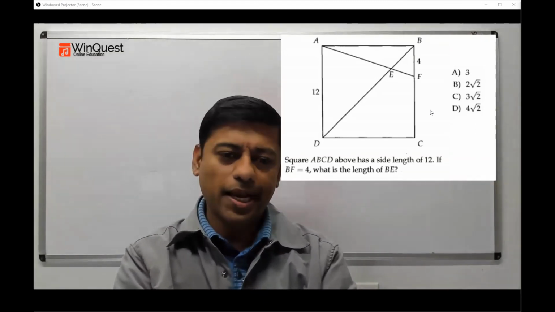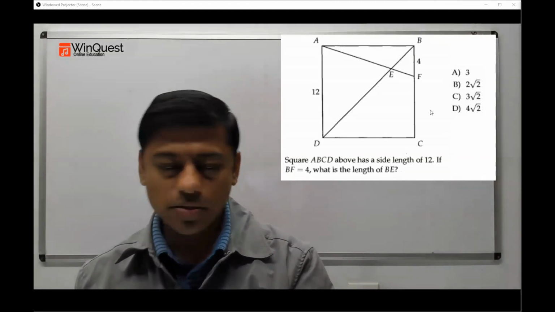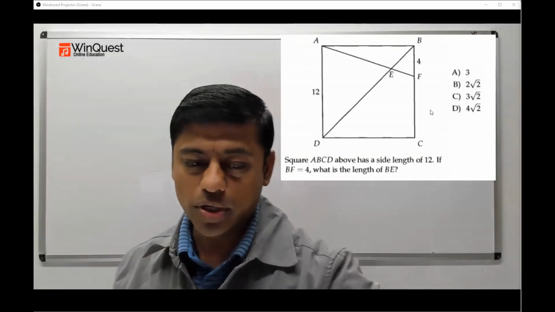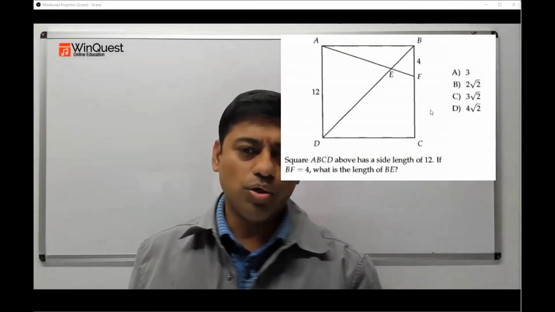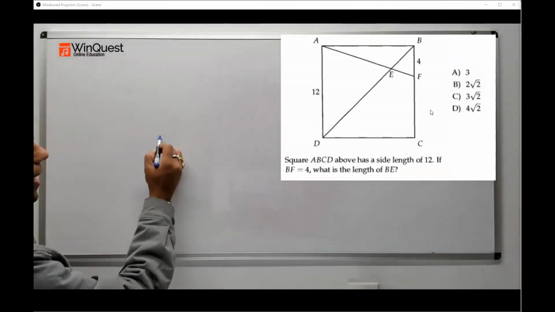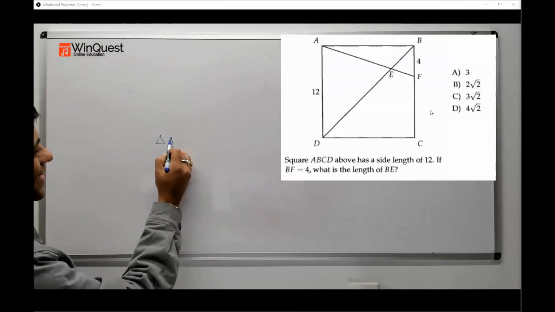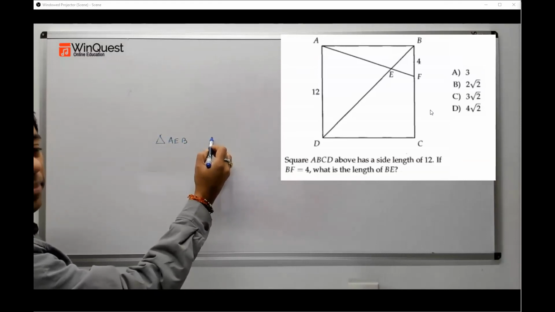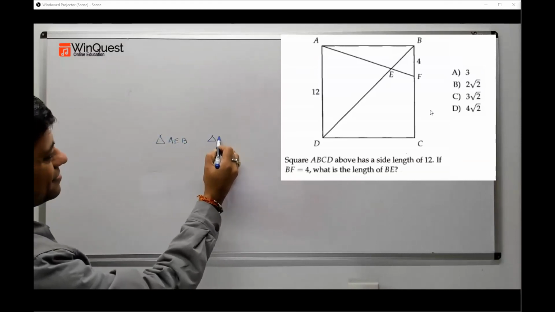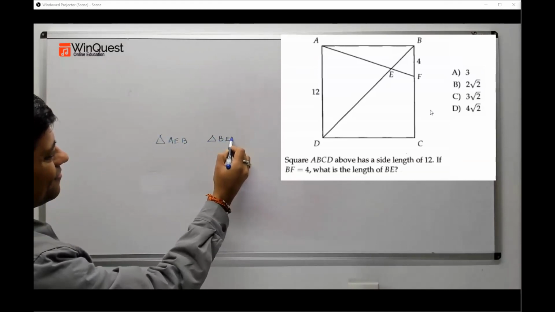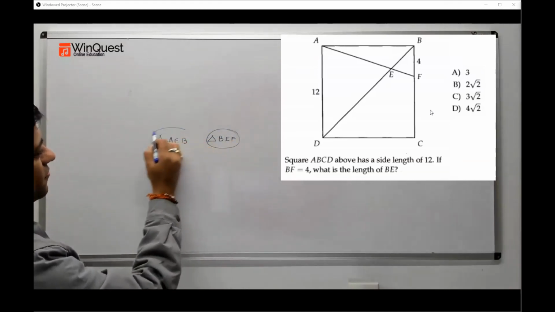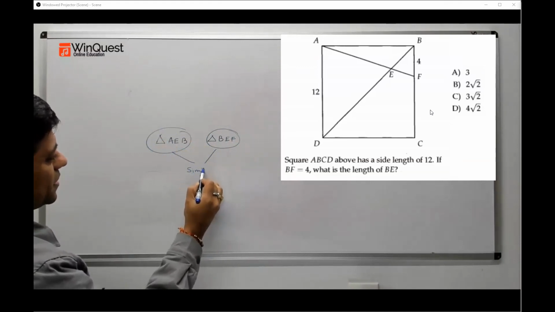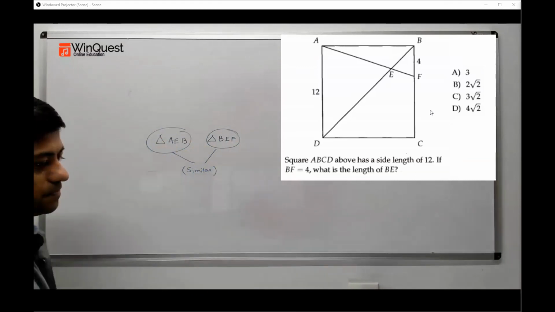Okay. I'll try to give you some hint, and then let's see if you guys are clear about it. Do you think that triangle AEB and triangle BEF are similar triangles? First thing, are they similar triangles or not? That is the first thing I'm going to ask.